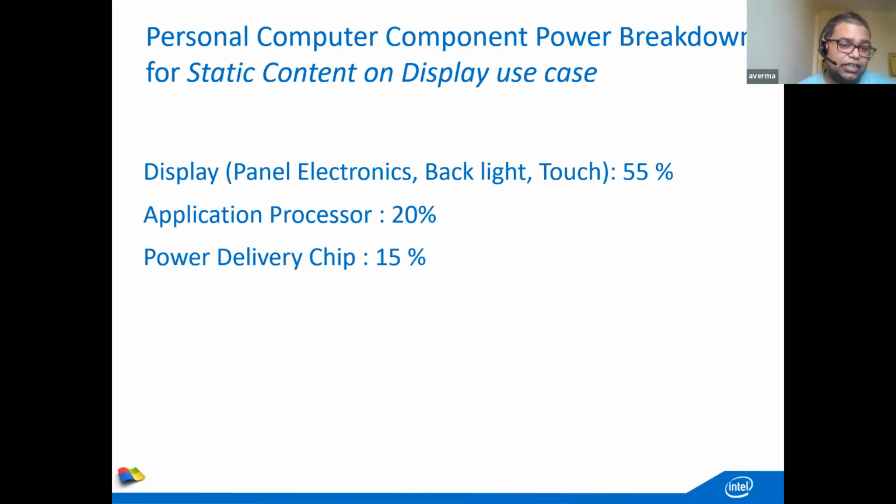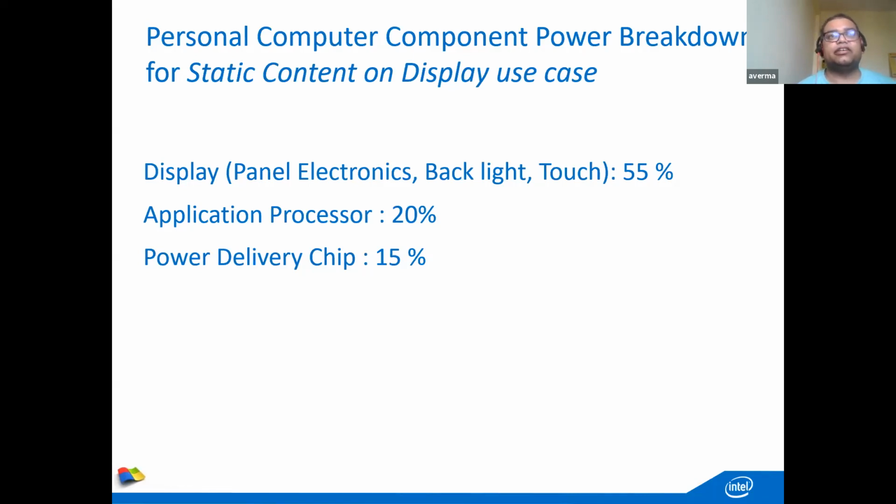So this power delivery chip, what is this actually? I don't know whether you have seen, or maybe if you are using a smartphone, you might have seen that the operating voltage of most smartphone batteries will be around 3.8 volt or 3.7 volt. But all of these circuits may not be operating at 3.8 volt. Some of them may require 1 volt, 1.2 volt, 3.3 volt, or 1.8 volt.